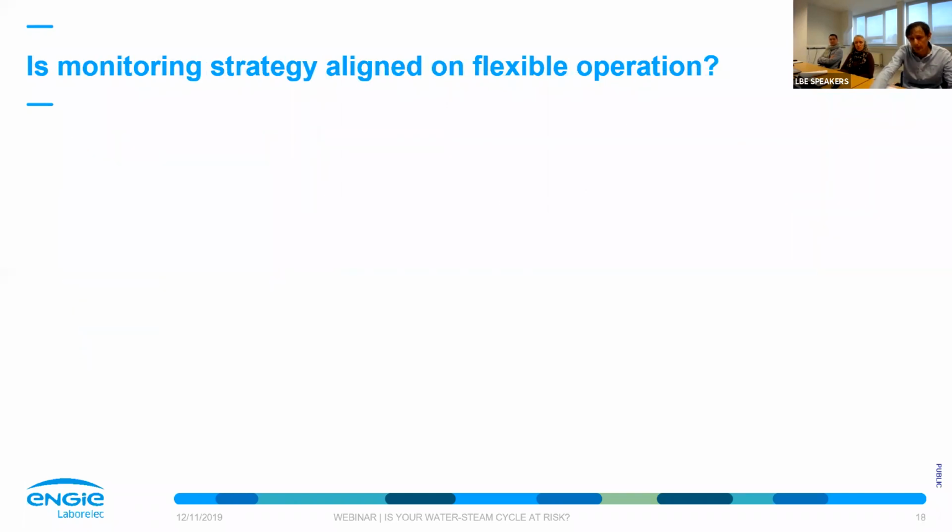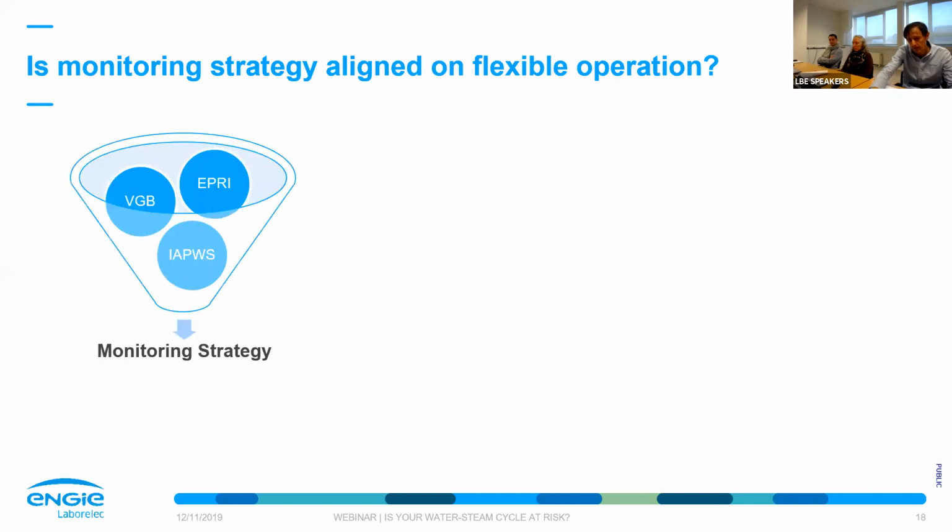Now, is my monitoring strategy aligned with flexible operation? I think a lot of you are working in high flex operation. Again, the international standards such as EPRI, VGB, IAPWS, and so many others, are delivering state-of-the-art guidelines. If they are adapted to your local needs and standards and design, you have already done a very good job.